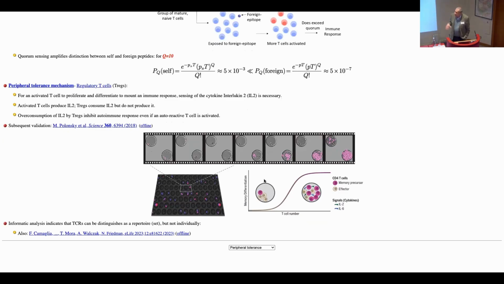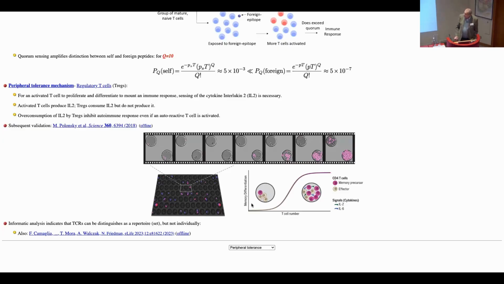And so by this concentration of IL-2, they can potentially reach some kind of a quorum. But there are also some other types of T cells called regulatory T cells that just consume IL-2 without producing any more. So the combination of positive feedback of generating more IL-2, and some negative elements that eat IL-2, can cause a balance that allows some kind of a threshold to occur.